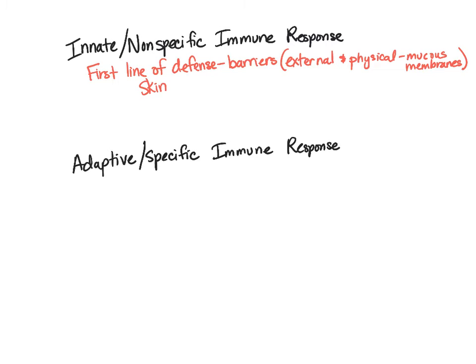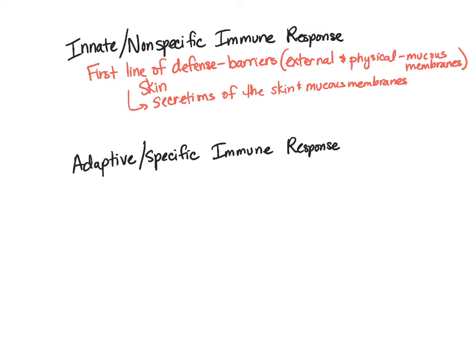But then it also includes the secretions of the skin and these mucous membranes. And we'll talk about all of these in more detail. So that's our first line of defense, part of our innate non-specific immune response.